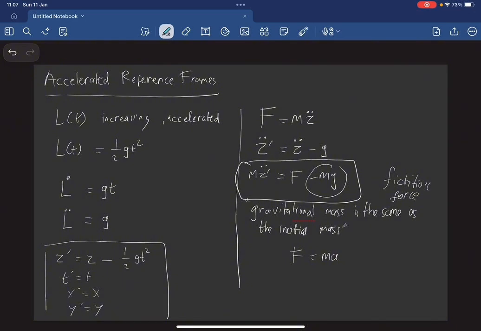Most people before Einstein considered this largely an accident. They certainly knew that the effect of acceleration mimics the effect of gravity, but they didn't pay much attention to it. It was Einstein who said, look, this is a deep principle of nature: gravitational force cannot be distinguished from the effect of an accelerated reference frame.